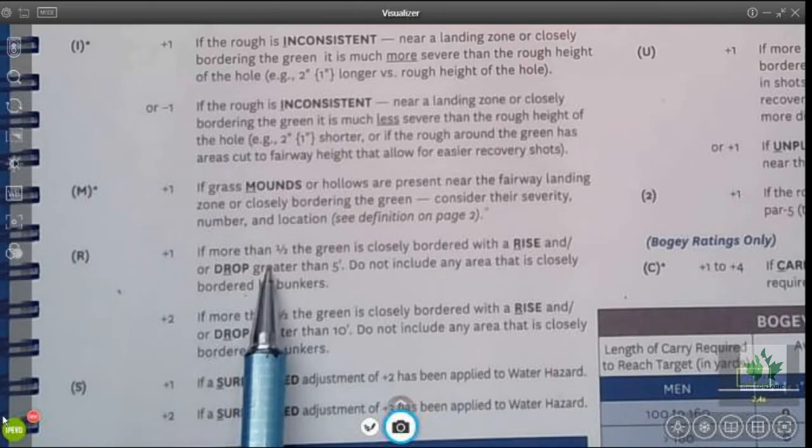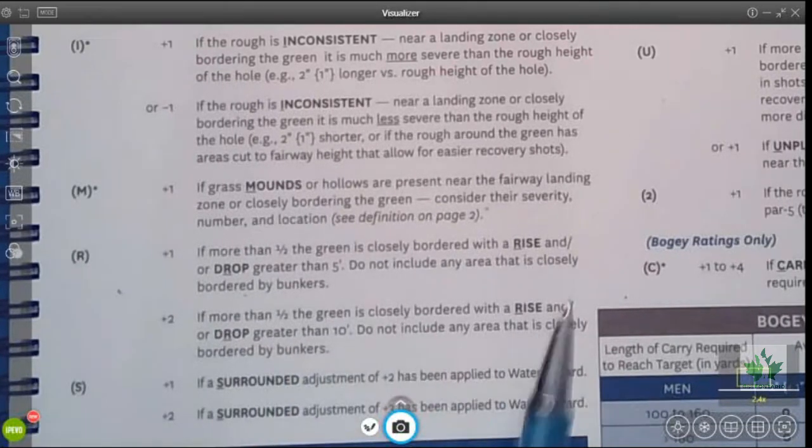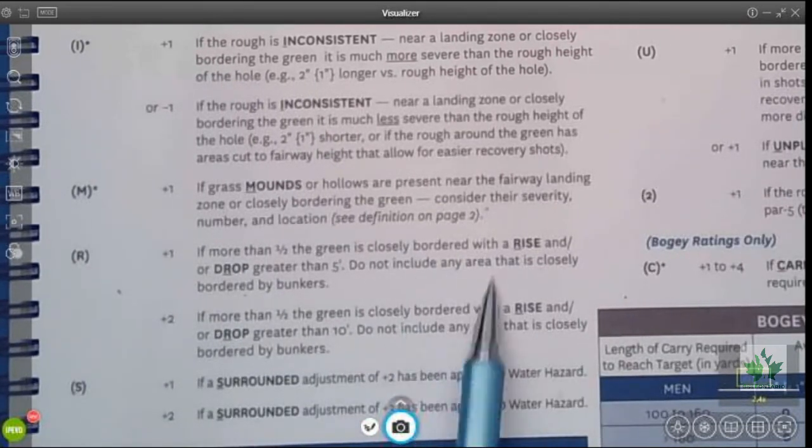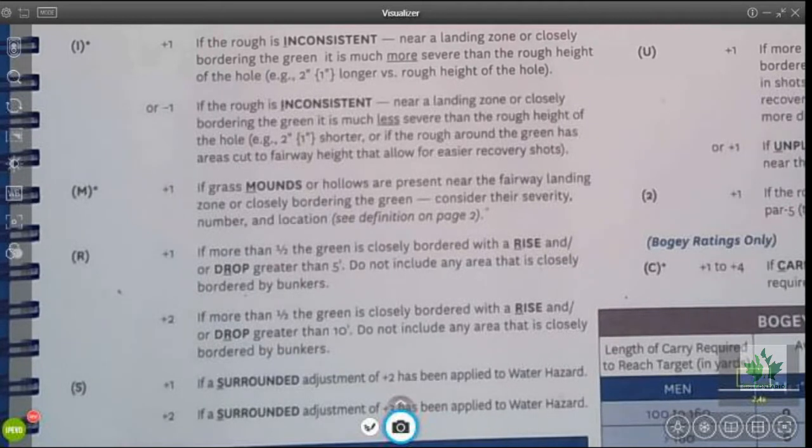to hit the green with the chip shot. The hard thing for people to understand is do not include any area that is closely bordered by bunkers. And the reason for that is that the bunkers have their own way of dealing with the fact that you have to hit a shot either down to a green that's well below you or up to a green that's well above you. That takes care of itself.